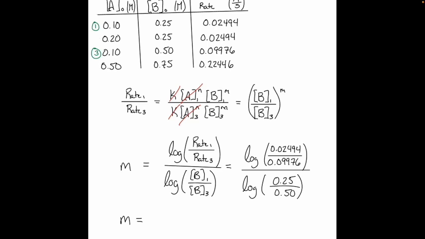All right, so when I punch this into my calculator, the value for m that I get would be 2, or what we would call second order.